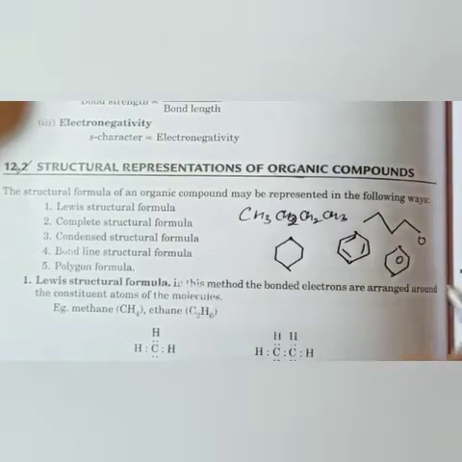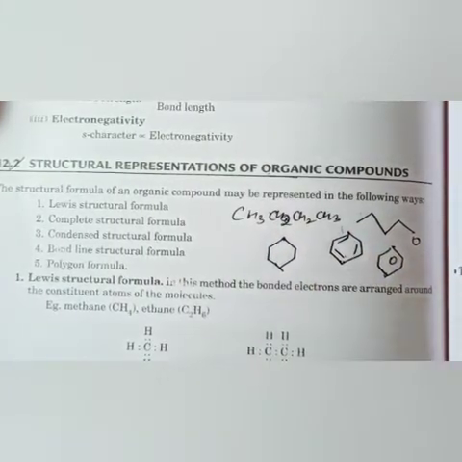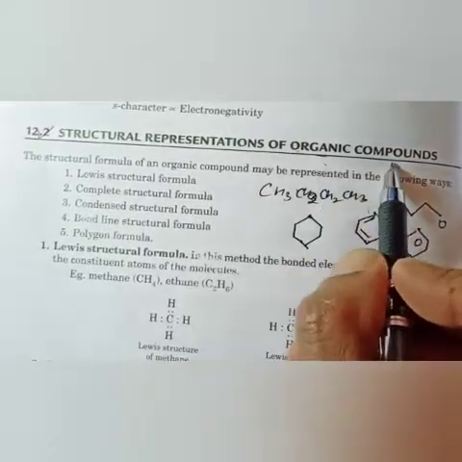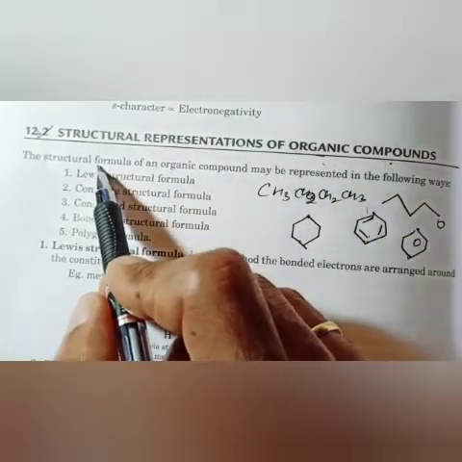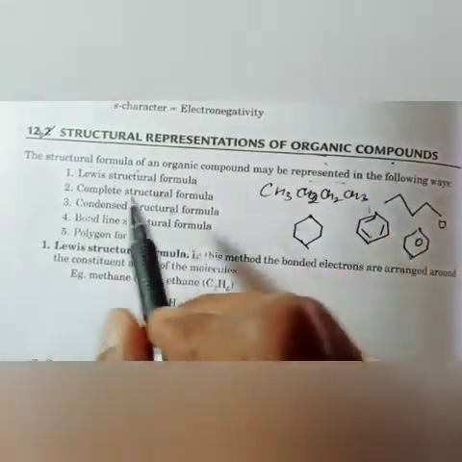So my question is, why are there so many different types of structures? This is very important. Organic compounds have structural formulas, and those structural formulas can be represented in the following ways.